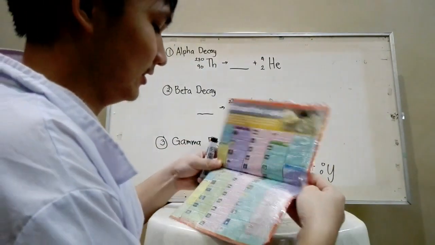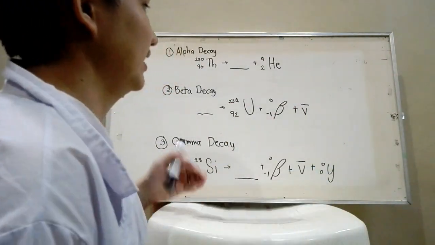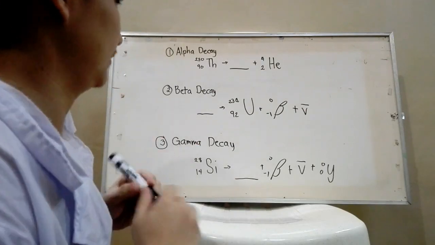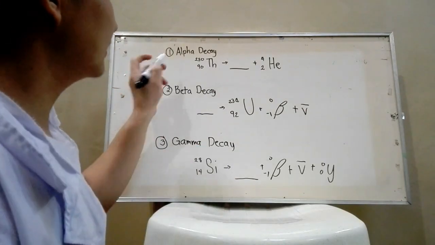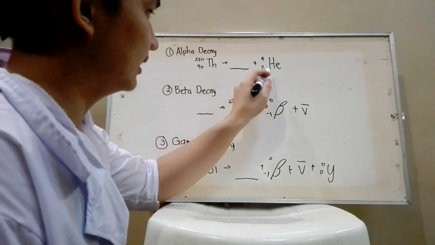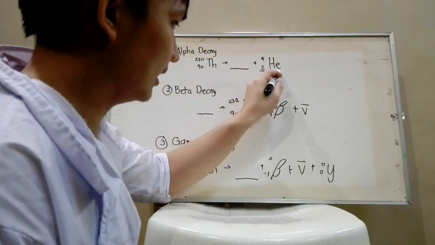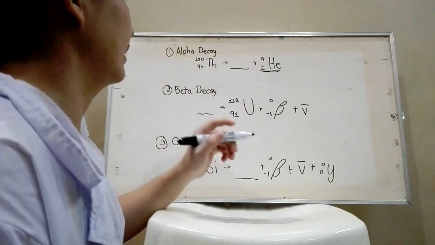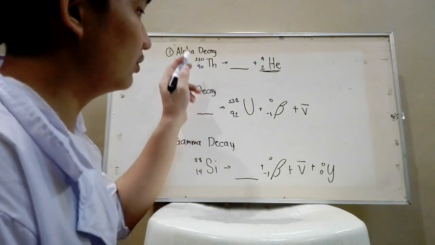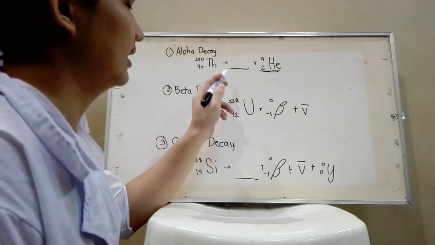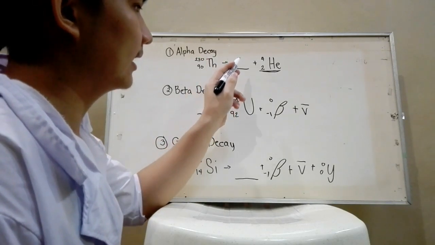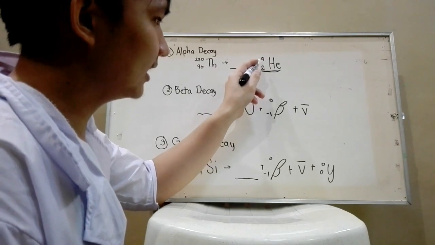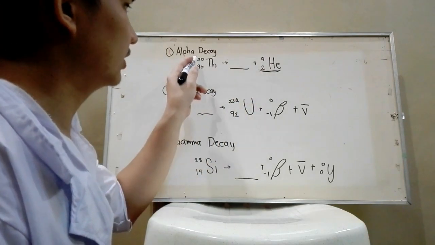This will serve as your guide in finding the elements needed to complete the equation. So first, in alpha decay, this is your main target, the helium element. So you need to find an element that when it is added to 4, it will be 230.